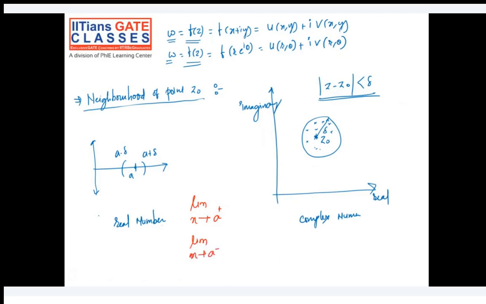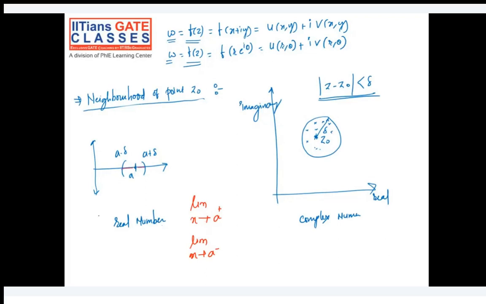So we called it the left hand limit and right hand limit, right? You remember? x tends to a from the left hand side or right hand side means what? The points which are very close to a, from the right hand side, and points which are very, very close to a from the left hand side.